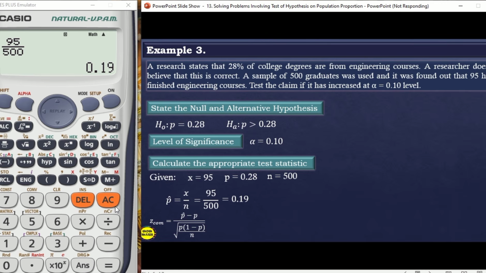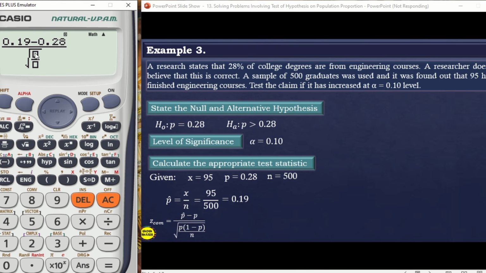So, gamitin natin yung calculator natin dito. So, that is yung sample proportion natin, 0.19. Okay, so 0.19 minus, ano yung population proportion? 0.28. Then square root of, then fraction bar again.